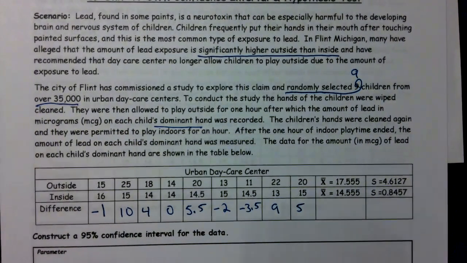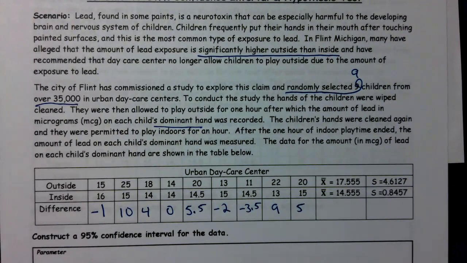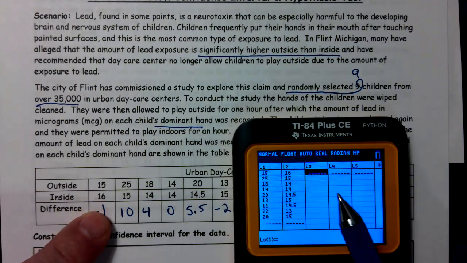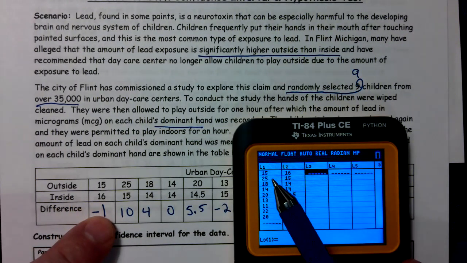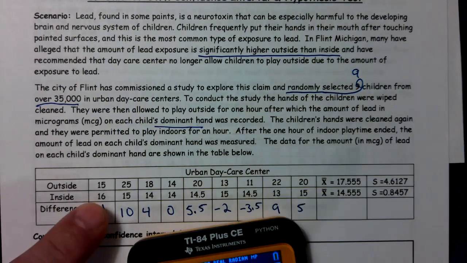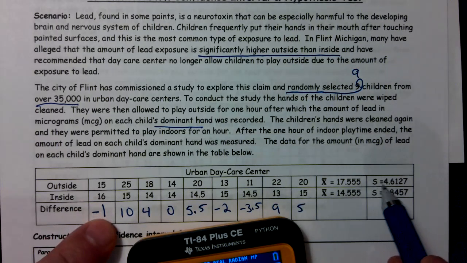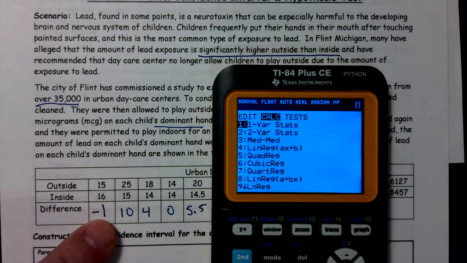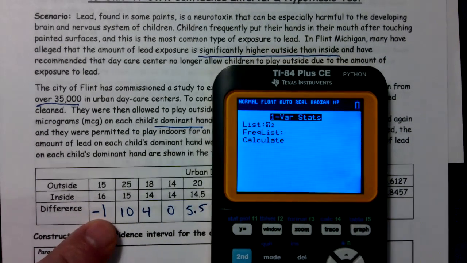All right, so we have all the data for outside and inside. So let's go ahead and input that into our calculator. So I've done that, and then I have these figures. These are not for our test. These are check values. So let's go STAT, CALC, 1-Var Stats, L1.